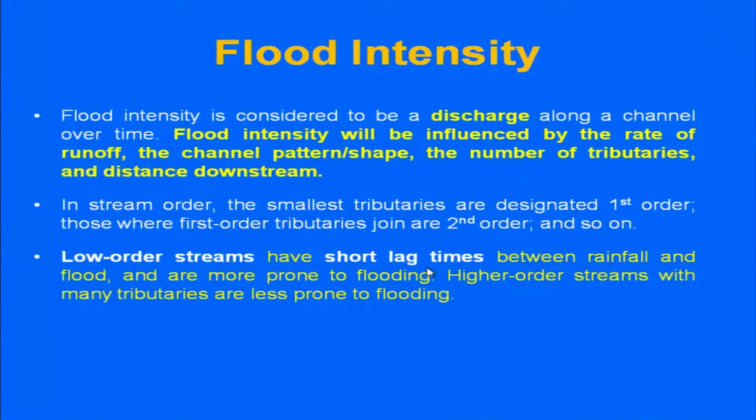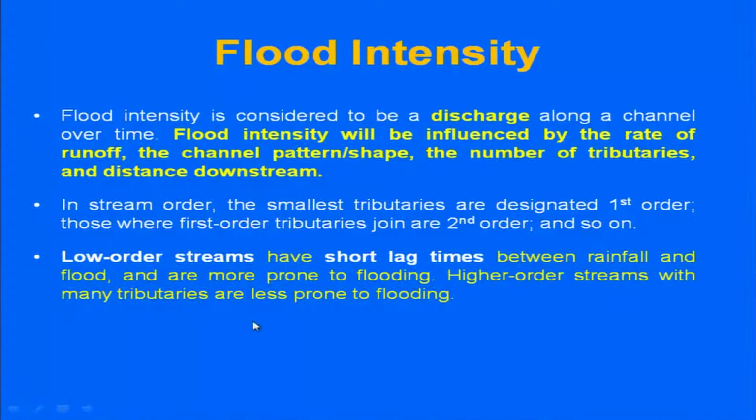The smaller streams will have very short lag time. So if you have a larger number of smaller or lower order streams, the flooding will be very fast. Low order streams have short lag time between rainfall and flood.